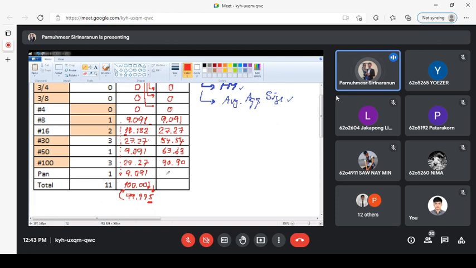Do we compute the pan or not? This one is 99.99.